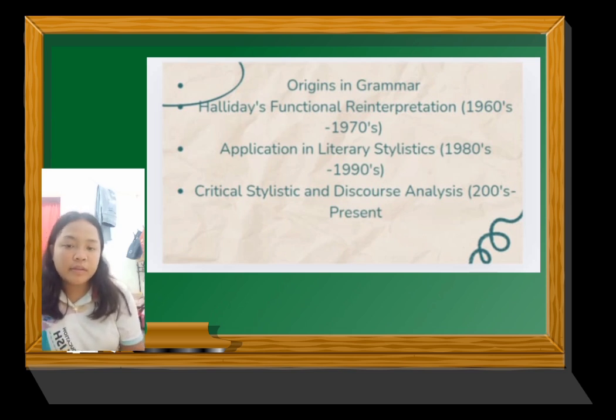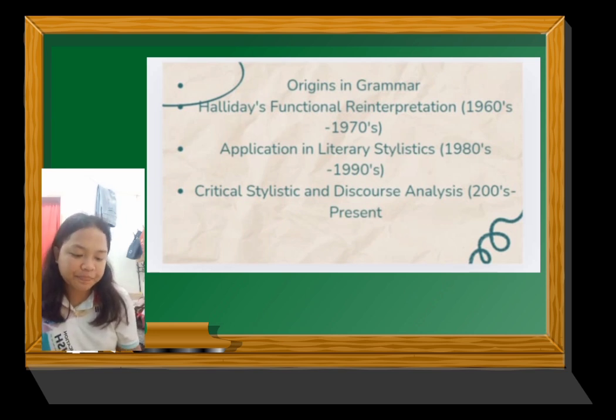Next, we have the current trends. Transitivity is integrated with corpus linguistics. When we talk about a corpus, it is a collection of large texts. Corpus linguistics allows large-scale pattern analysis across genres.